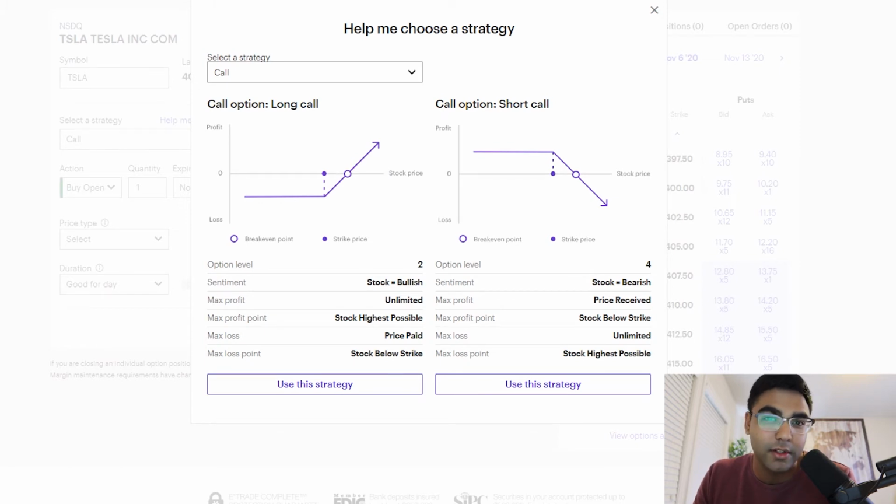So your profit potential is unlimited, but let's say that Tesla just goes down, let's say to 350, and we wanted to lock in that price of 410. Well, when the date actually comes, aka November 6th, does it make sense to buy 100 shares for the agreed upon price in the contract of 410 when the market price is sitting at 350? Of course it doesn't.